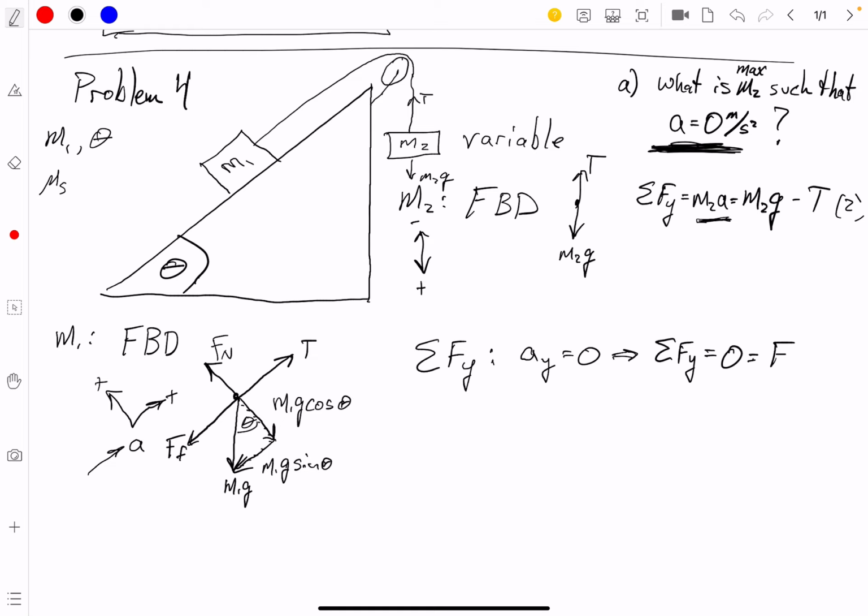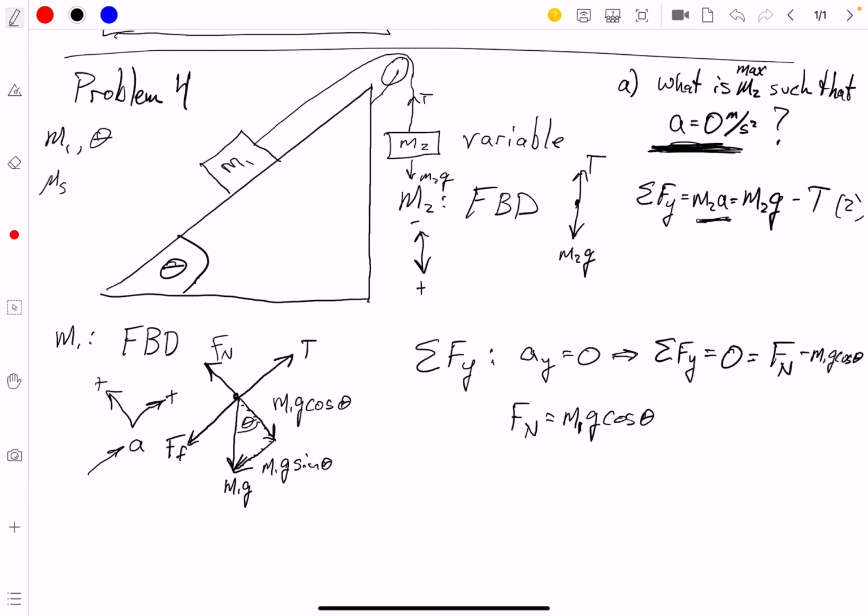Okay, so y direction, Fn positive, m1g cosine theta negative. So let's rewrite that as Fn equals m1g cosine theta.